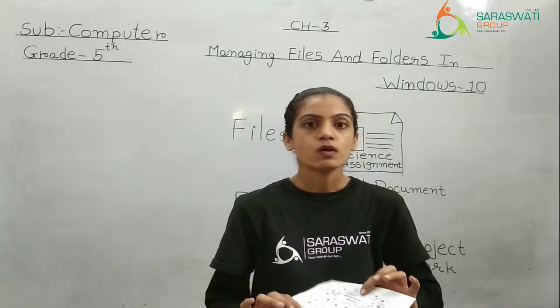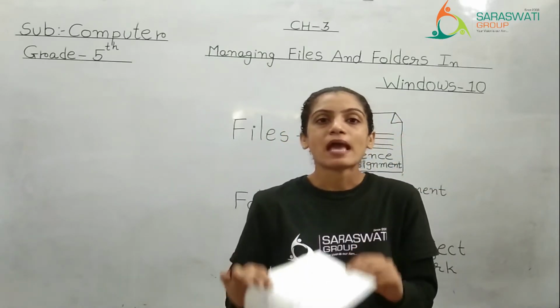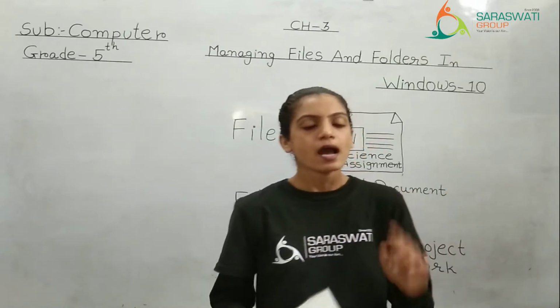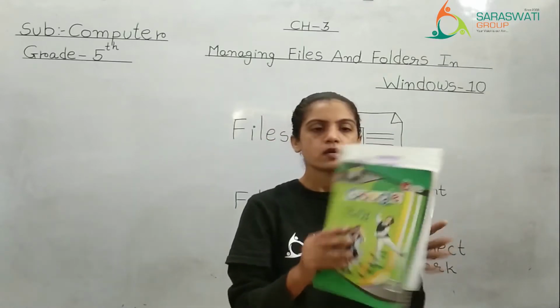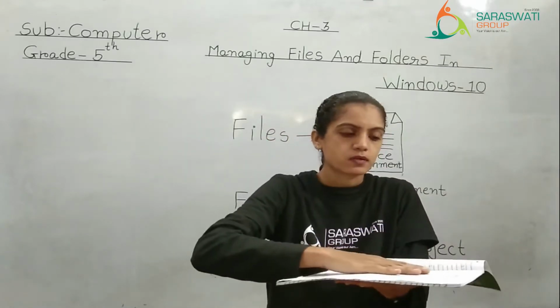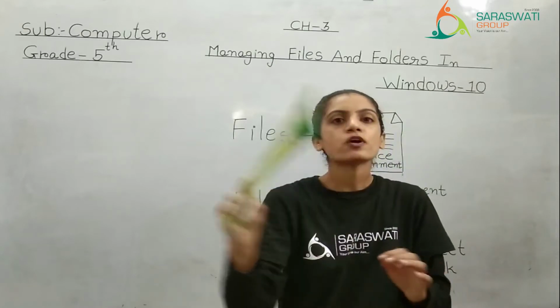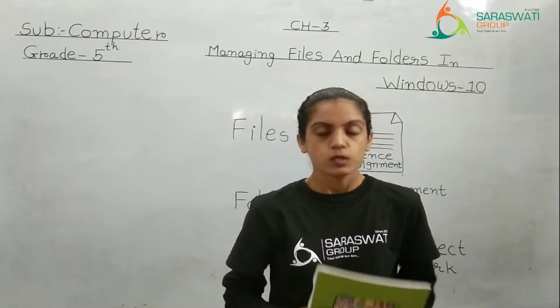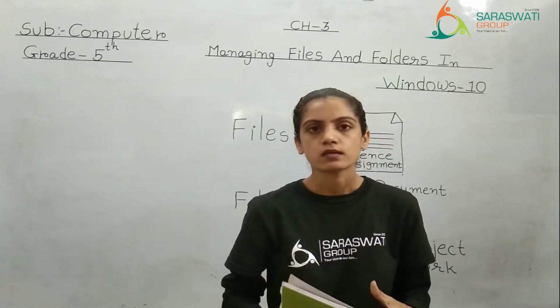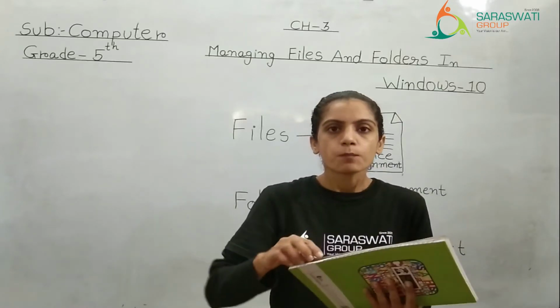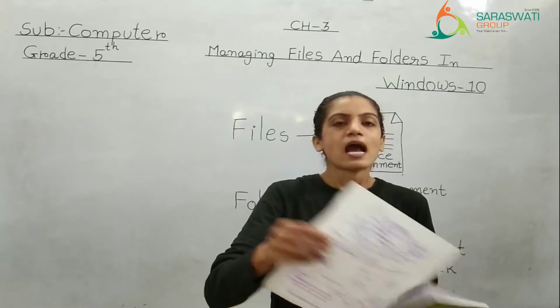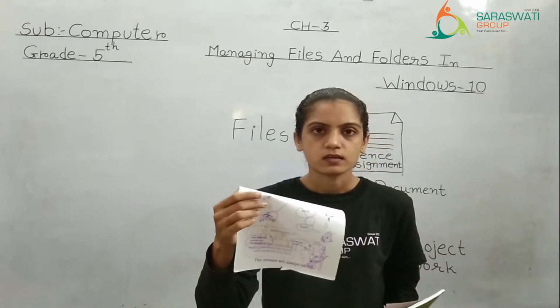Now, instead of keeping this paper anywhere in the room, I am keeping it in a book. This is my book in which I am keeping the paper safely, and this book I am keeping in the cupboard. So after 1 month or 2 months, if I require this paper, I will simply take out this book, and from that book I will take that paper back.